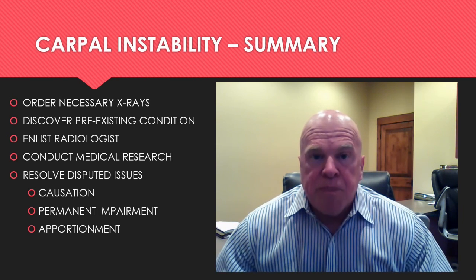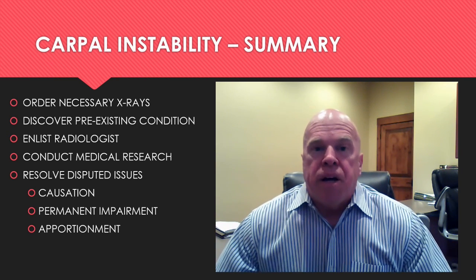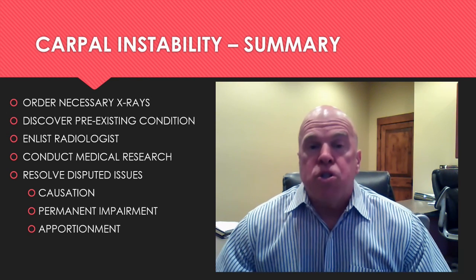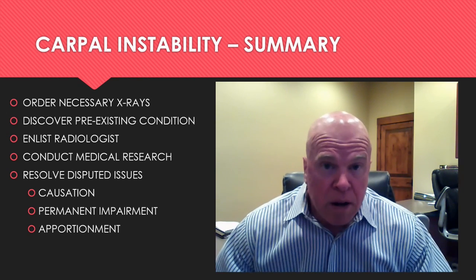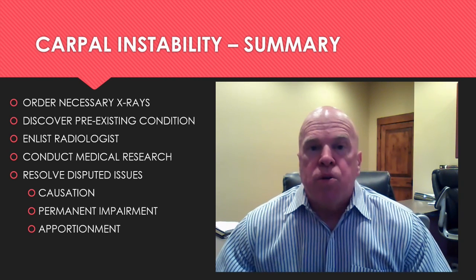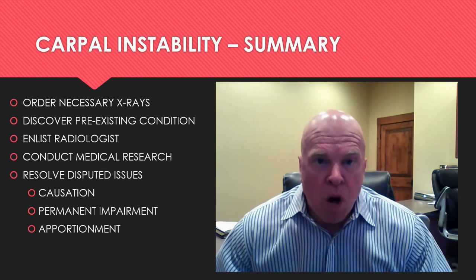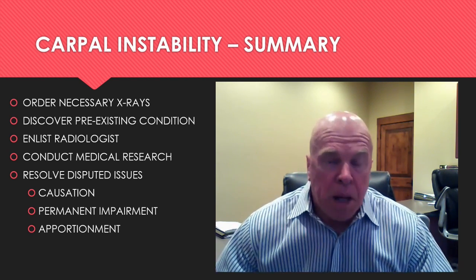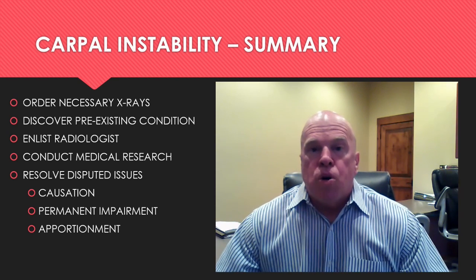And then through a combination of the X-ray studies and medical research, and no medical research was required in this case, but in cases where medical research is required, you use the medical research to help resolve disputed issues related to causation, to permanent impairment, and also to apportionment.